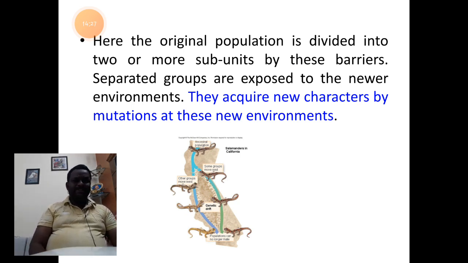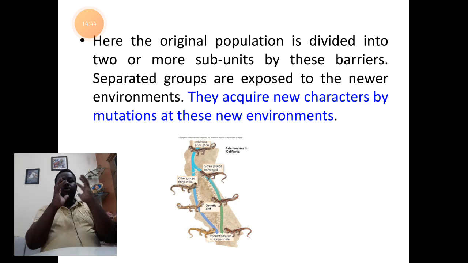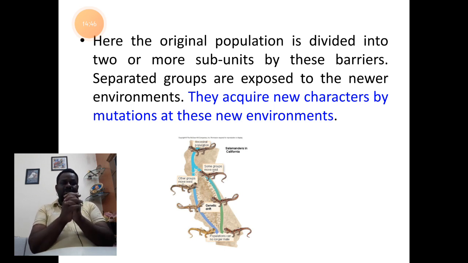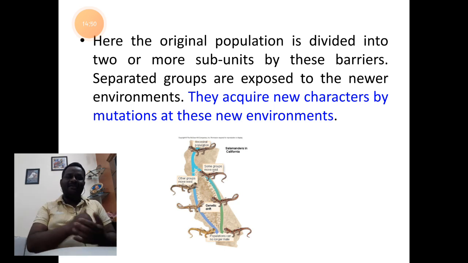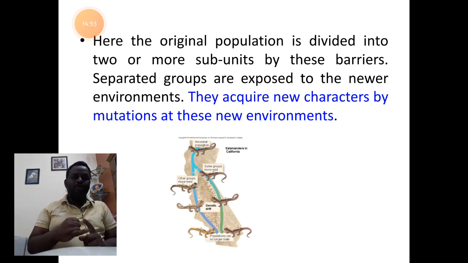A common process that we find in geographical isolation is, number one, the original population is getting divided into subgroups by the geographical barriers. The original ancestral population is getting divided into subgroups by means of geographical barriers. This is point number one.